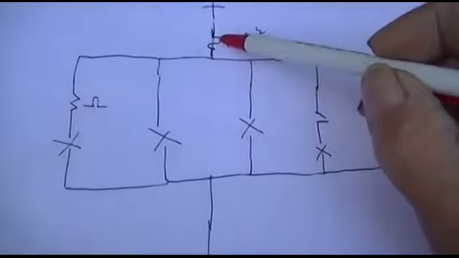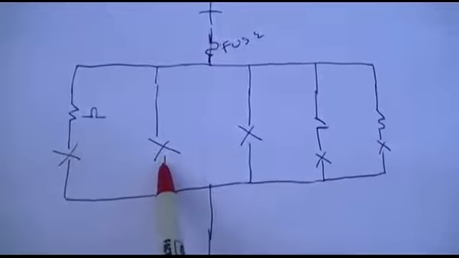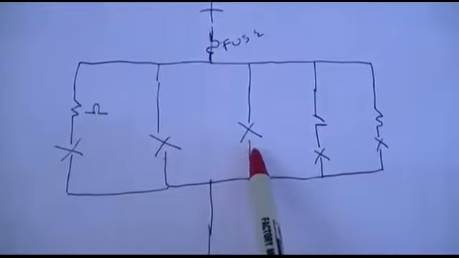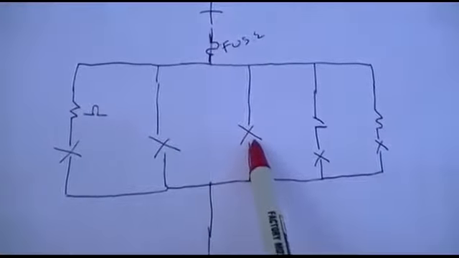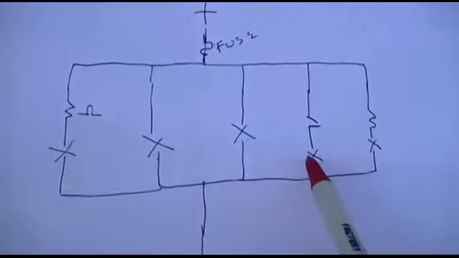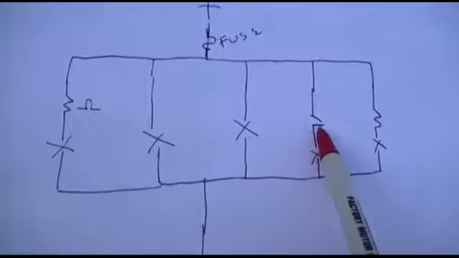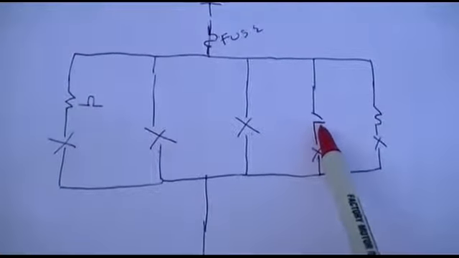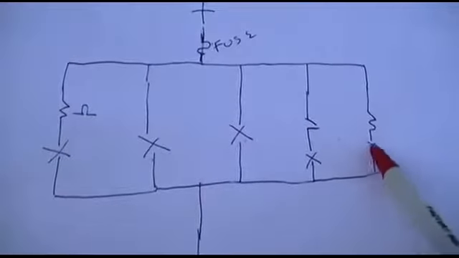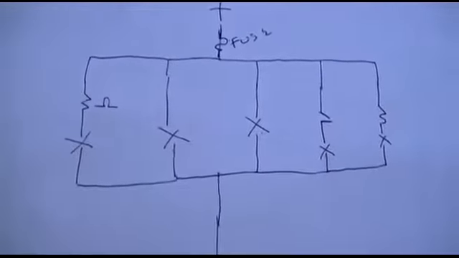This is the accessory fuse here. Well, let's say this is the cigarette lighter, this is the dome light, let's say this is the trunk light here with the switch to turn the trunk light on and off. Let's say this is a defroster or whatever.